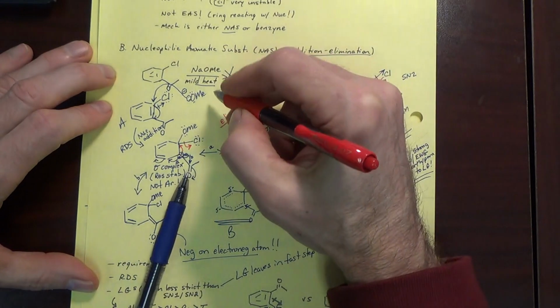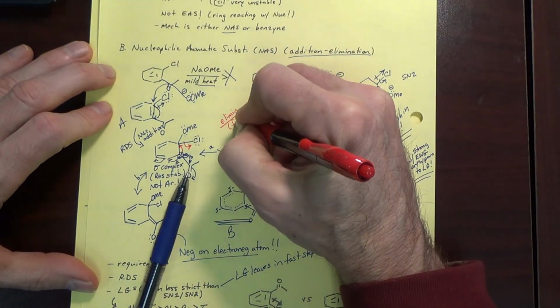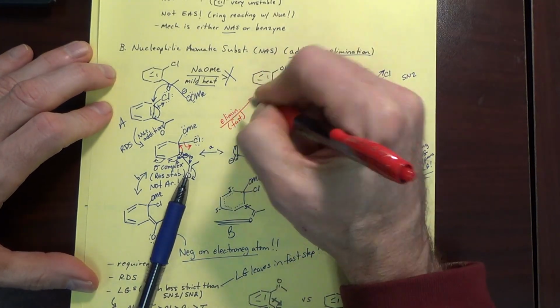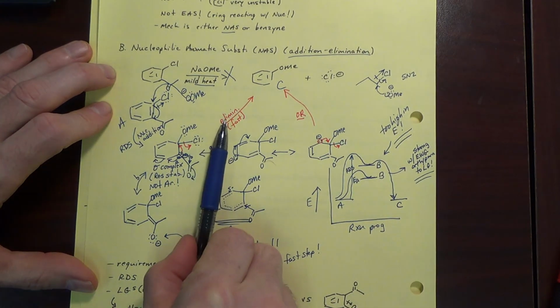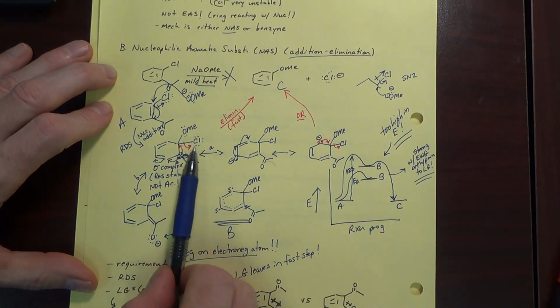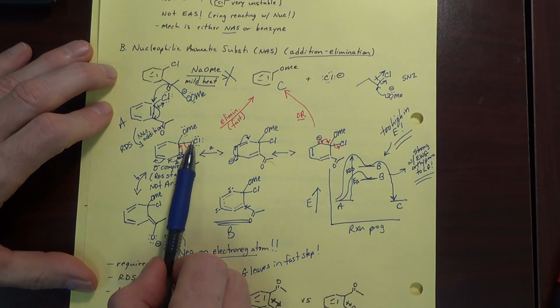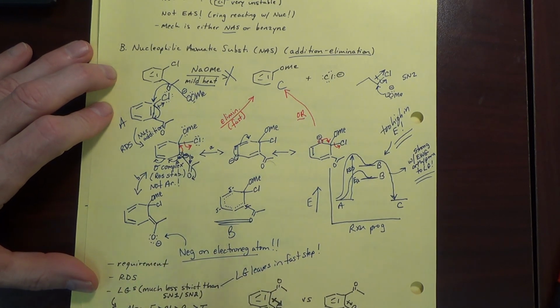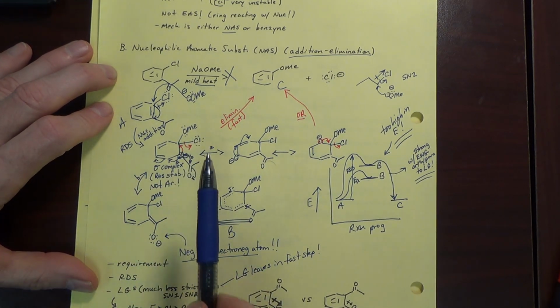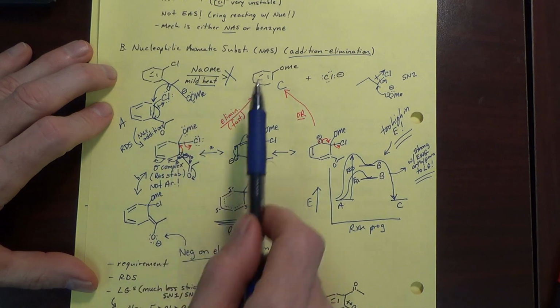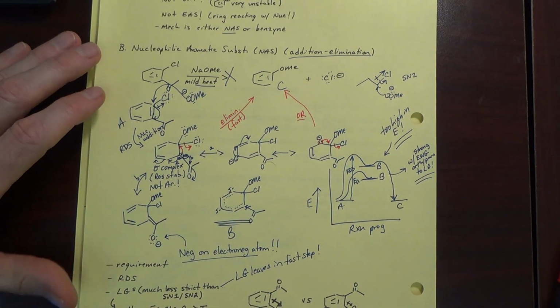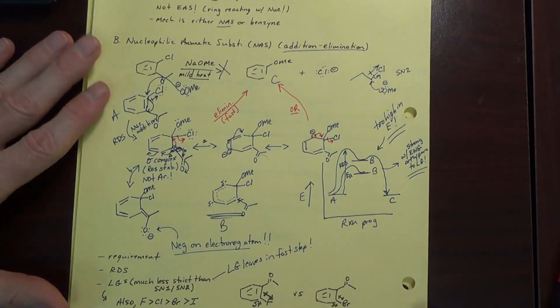The elimination is the fast step. Loss of the leaving group is fast. It means it's easy. And so we don't have to be as strict about what type of leaving groups can leave here. If you've ever seen it be a minus, it can probably leave in an NAS mechanism.